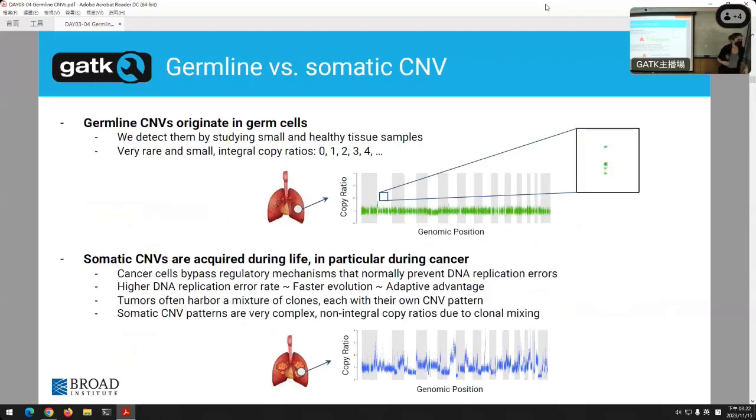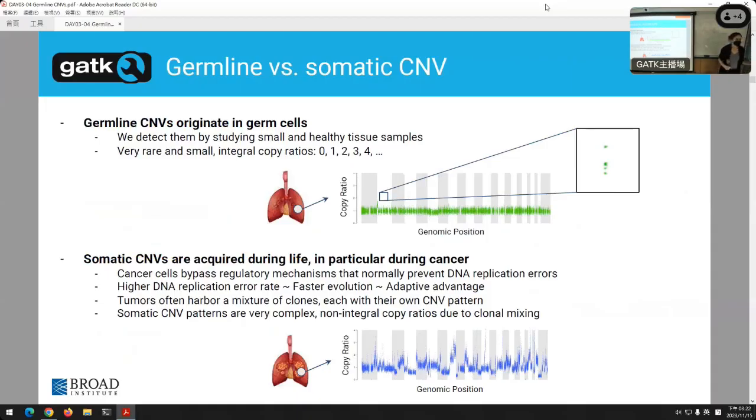So in contrast, germline CNVs originate in germ cells. So either you inherited those copy number variants from your parents, or it occurred de novo in a germ cell. And that means that instead of just being localized to a tumor or a single tissue, those copy number changes are present in all of your cells in your body.